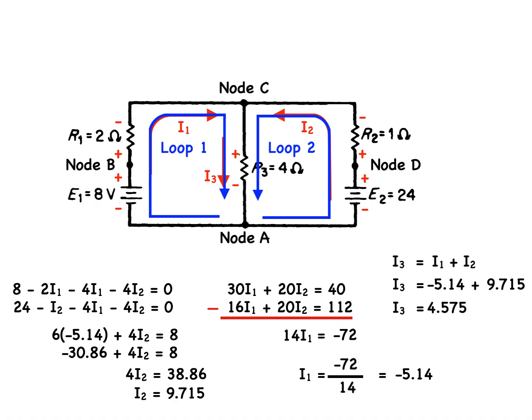You'll notice that we found that I1 was negative, minus 5.14, which means we assumed the direction of current flow in the wrong direction originally. So that current is actually flowing in the opposite direction.